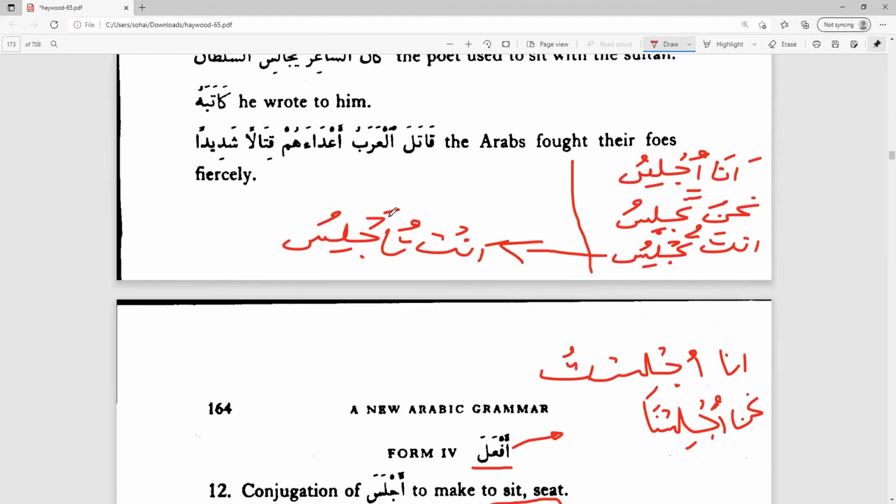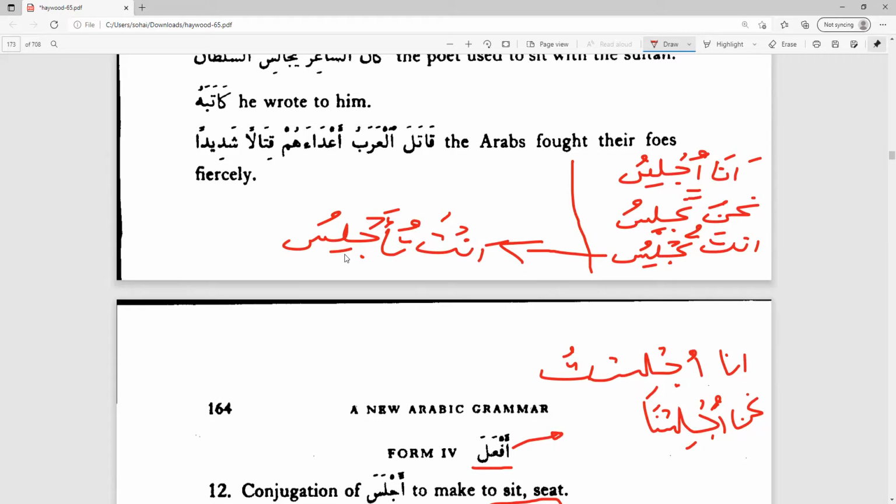So the original alif was in the mudare as well. It was anta tu ajlisu. However, because of the way the language works, the Arabs eliminated the alif.